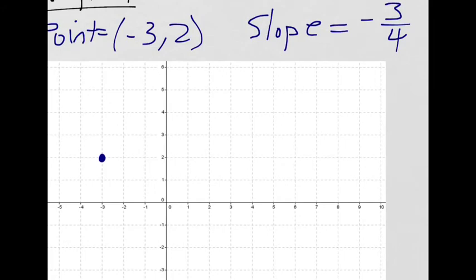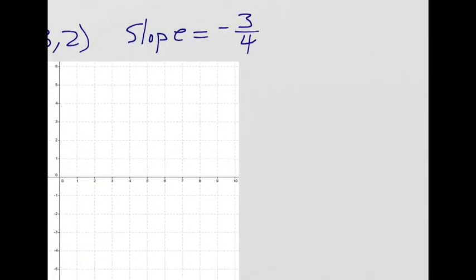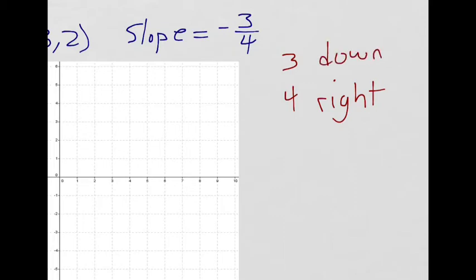This says 3 up, 4 right. Sorry, 3 down. Oh, that's negative 3. 3 down, 4 right. Okay, let's try that.